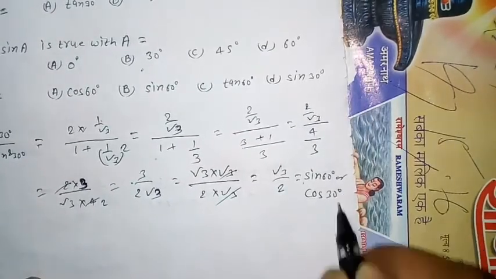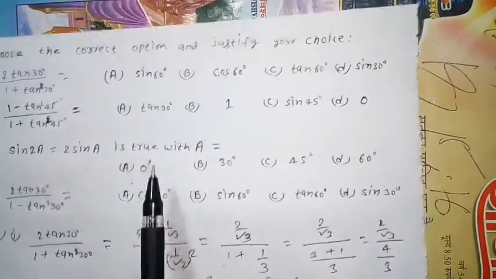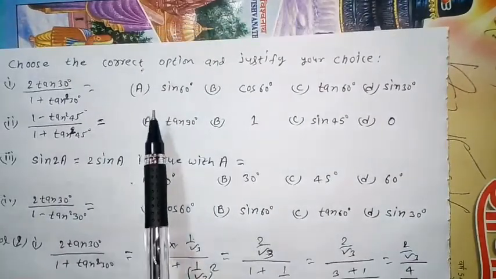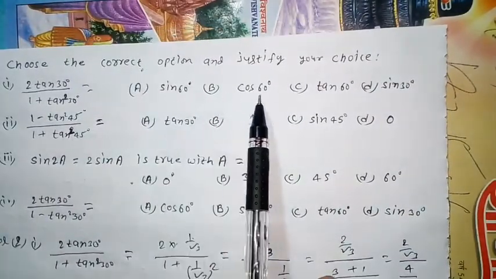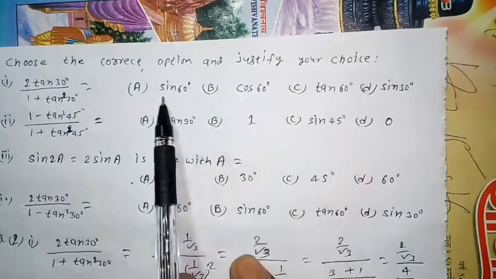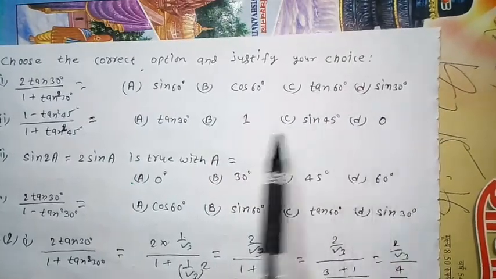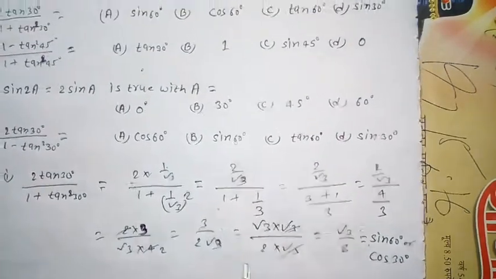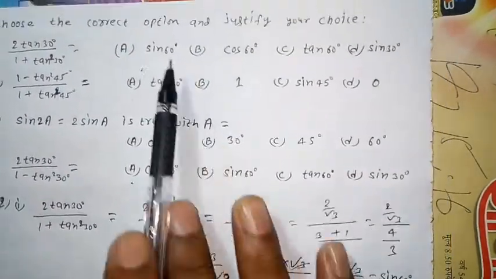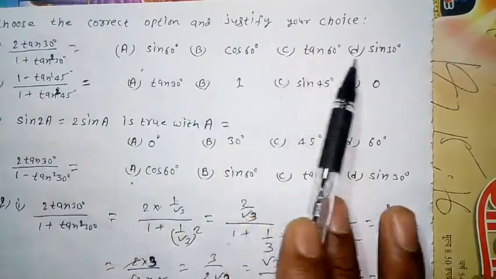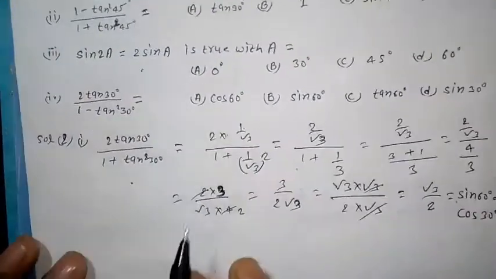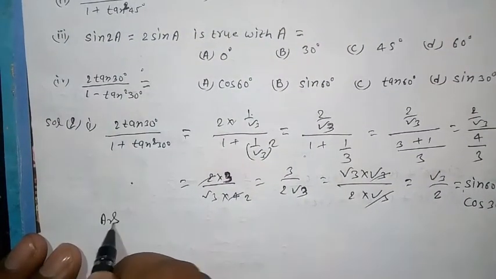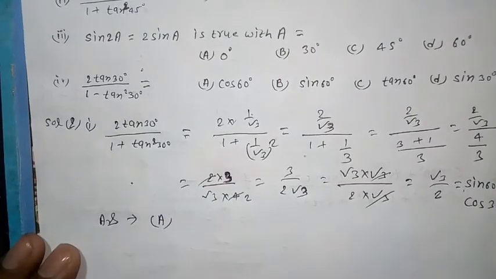Now I look at the options: A is sin 60, B is cos 60, C is tan 60 and D is sin 30. There is no cos 30 here, so option A is true. The answer is option A.